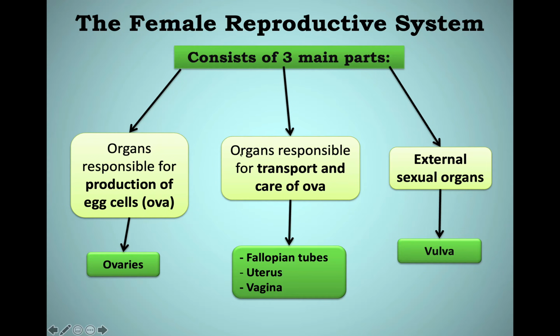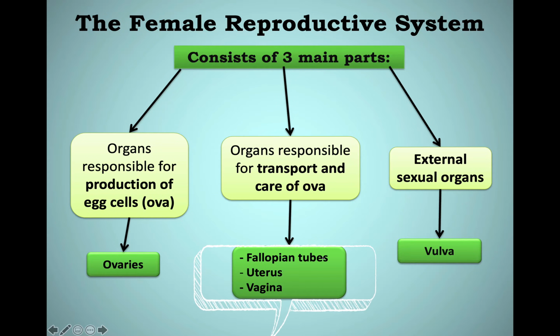Now, what are the organs responsible for the transportation of these ova and then taking care of these ova? Very good. Involved in the transportation of the ova that's coming from the ovaries will be the fallopian tubes.